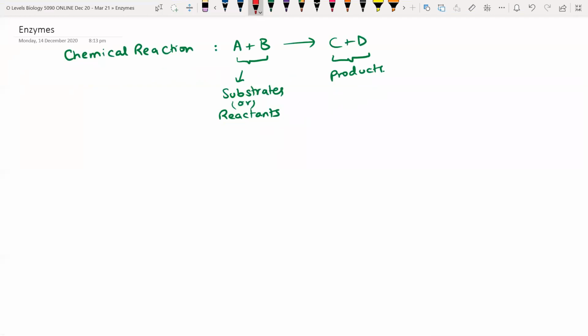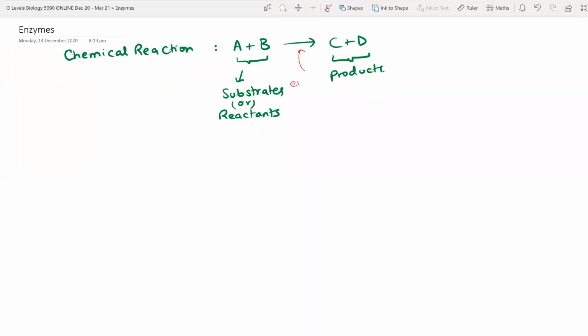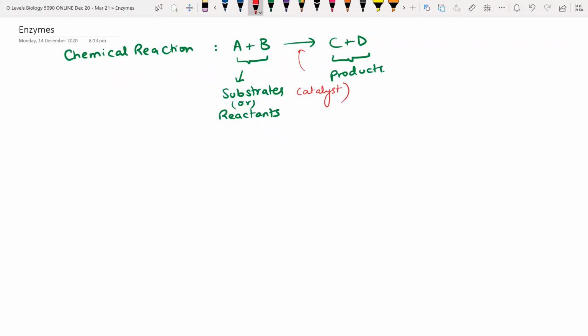Now, there is something that can be added to this chemical reaction that will alter the rate of chemical reaction, usually speeding it up, and that is known as a catalyst. So how do we define a catalyst? Catalyst is a chemical that speeds up.